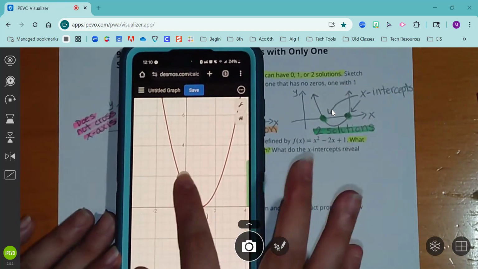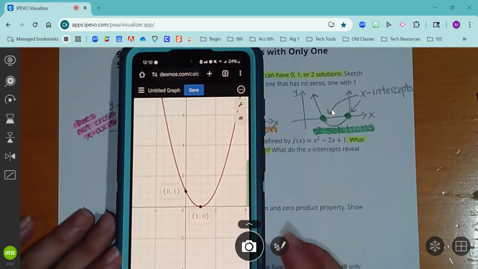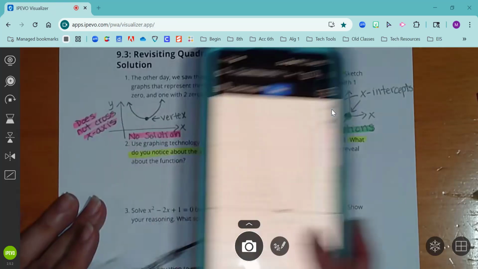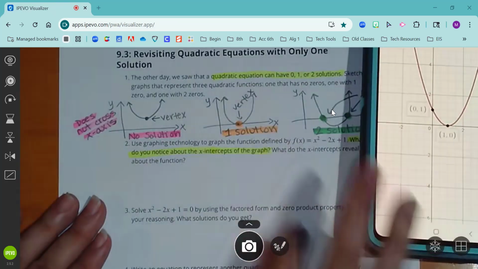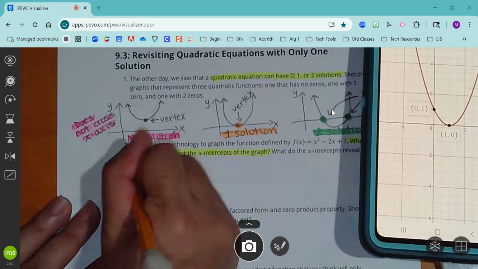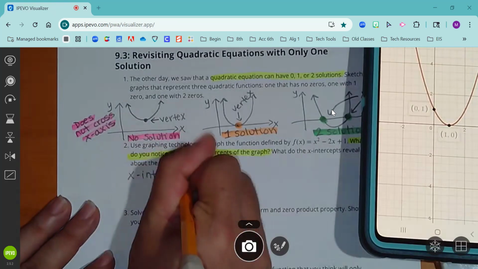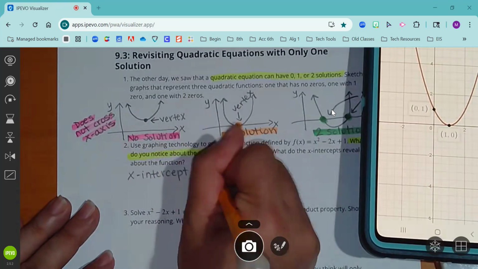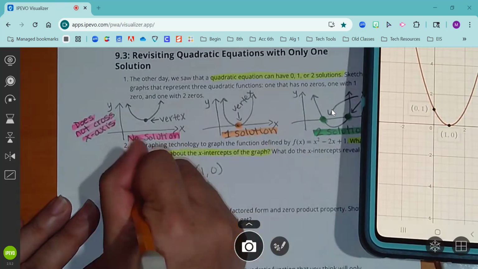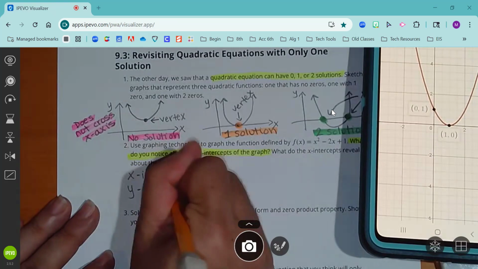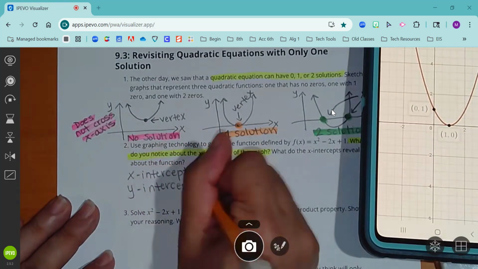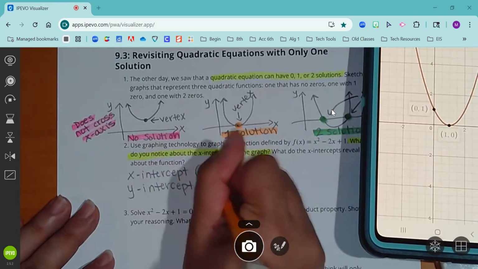And then I also noticed that there's a y-intercept at 0, 1. So that's something I'm going to write down here: there's an x-intercept at 1, 0 and a y-intercept at 0, 1.